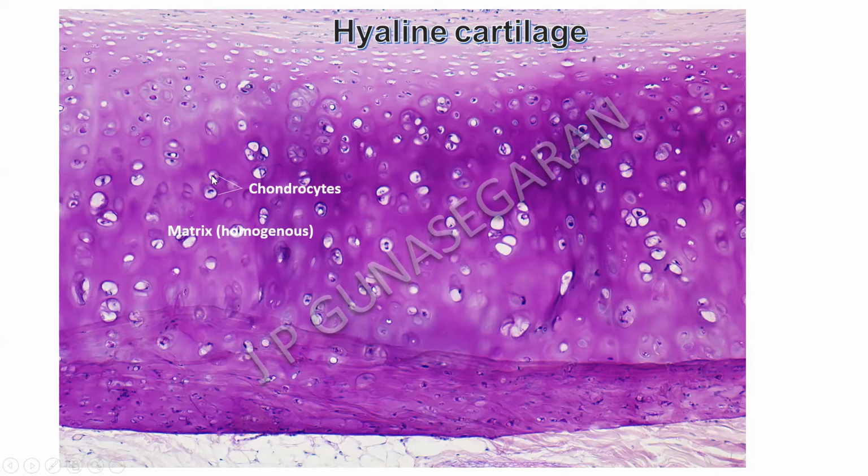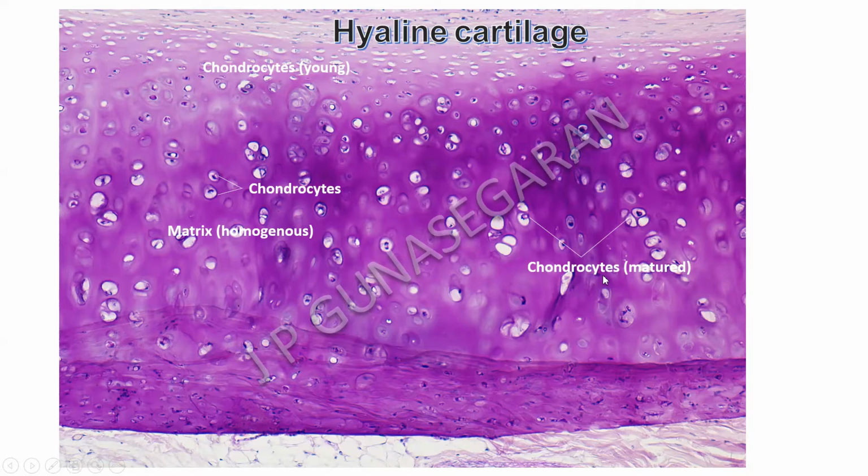The young chondrocytes are small and elliptical, found at the periphery of the cartilage, whereas the mature chondrocytes are found in the interior. They are large, rounded, or angular in shape. The mature chondrocytes often secrete alkaline phosphatase, resulting in calcification of cartilage in old age.